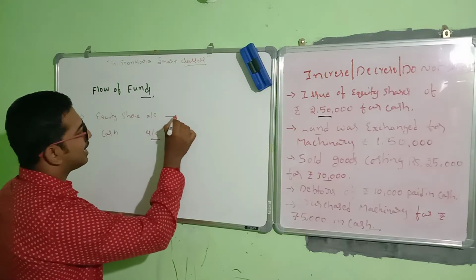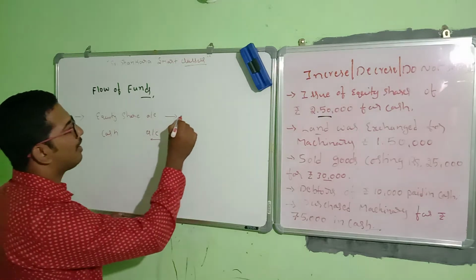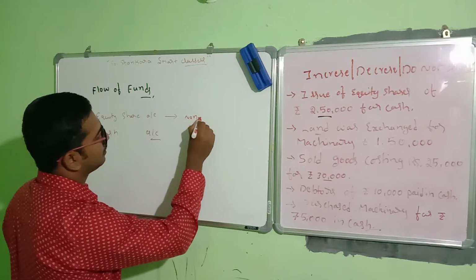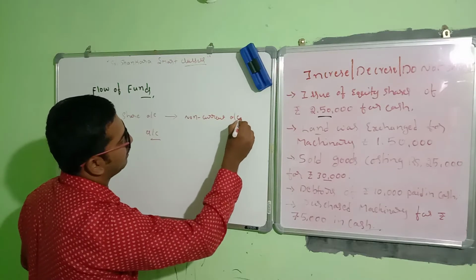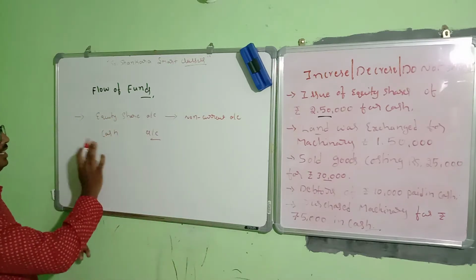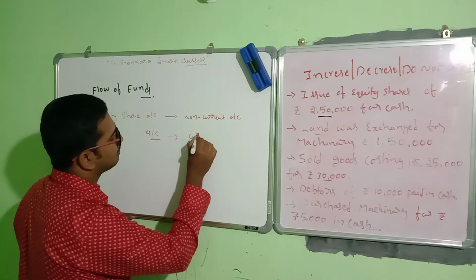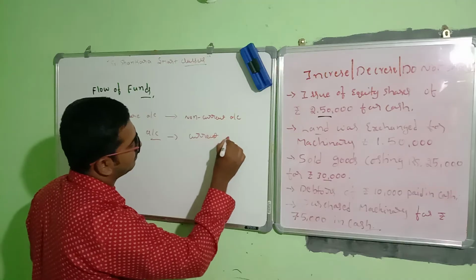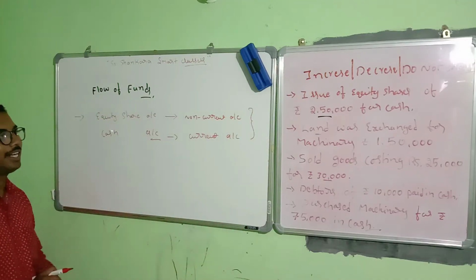Then categorize the accounts. Equity share capital is a non-current liability, so we call it a non-current account. Cash is a current asset, so it is a current account. Hope you remember the three categorizations.